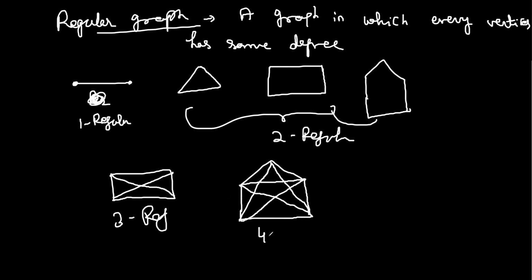This is 4 regular. Why? Because each vertex has degree 4. Understood?